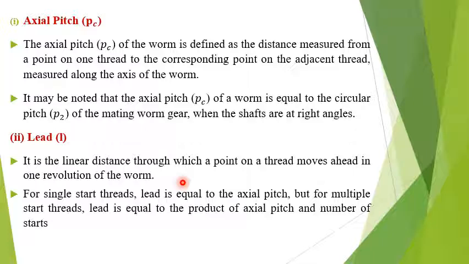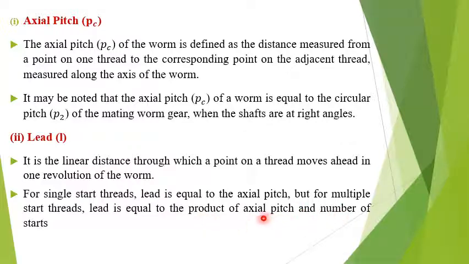Now, depending upon the number of starts of the threads that the worm has, it may have single start threads, or it may have multiple start threads, 2 or 3. For single start threads, lead is equal to the axial pitch, whereas for multiple start threads, lead is equal to the product of the axial pitch and the number of starts.